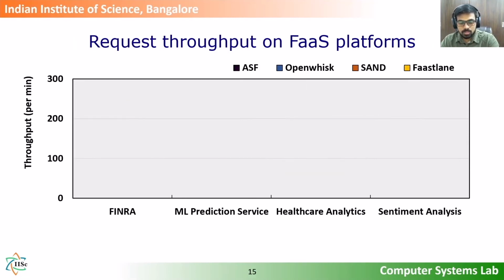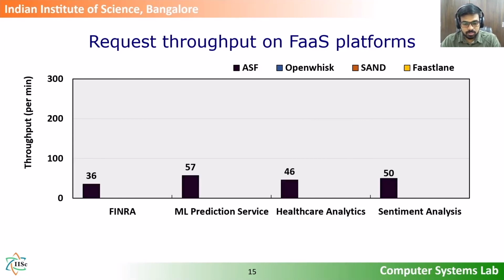Next, we show how achieving low function interaction latency improves the throughput of the FaaS platform. The y-axis plots the number of requests that can be served within a minute. We show AWS Step Functions here for the sake of completeness, but the numbers are not directly comparable since the execution is not on a local deployment. Note that the throughput of the ML prediction service on OpenWhisk is very low.